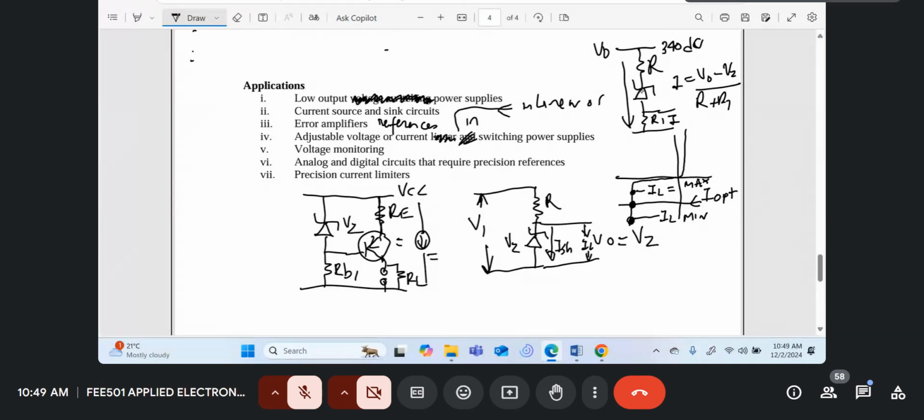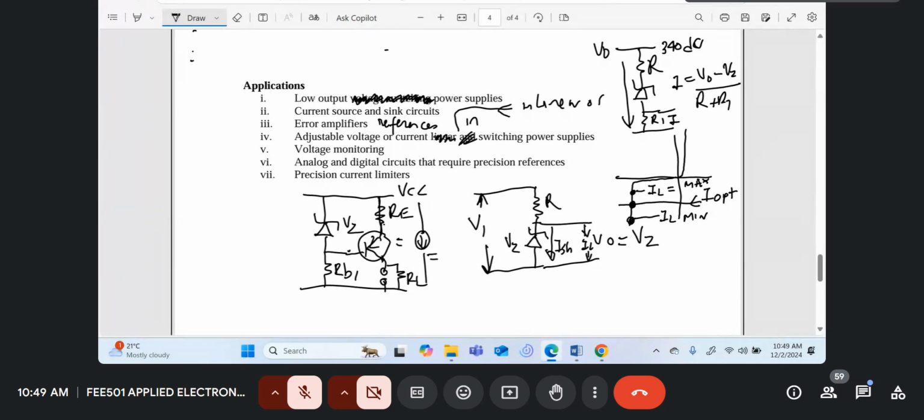So the drop across the Zener is VZ. The drop across the base-emitter junction of the transistor is VBE in general. If it is a silicon transistor, approximately 0.65 volts at room temperature. If it's germanium, maybe 0.1.